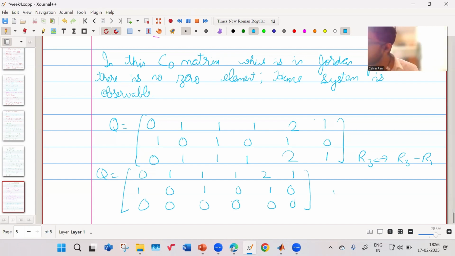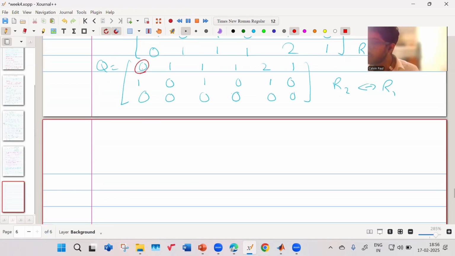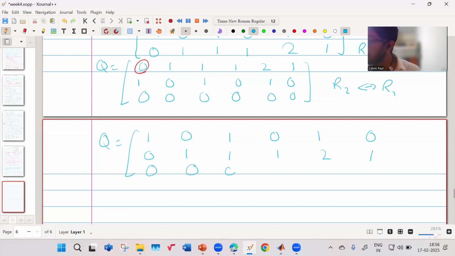And now what they do is they interchange R2 and R1 because it is preferred that this should be 1. It should not be 0. So we can just interchange. So then we get Q as 1, 0, 1, 0, 1, 0, 0, 1, 1, 1, 2, 1, 0, 0, 0, 0, 0, 0. So now this is in row echelon form.